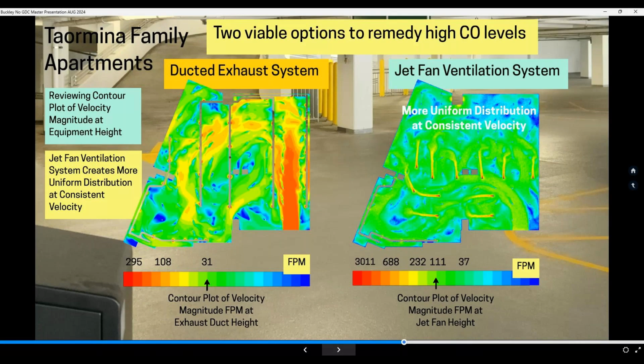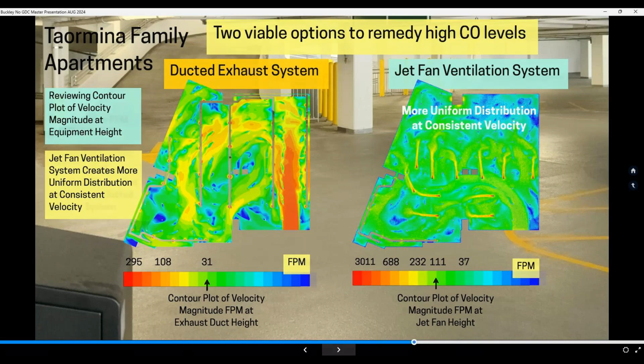Now over here, you have, again, a more uniform distribution, because we're capturing that air and distributing the flow throughout the garage where we know we need it to go. And there you have an average speed at the jet fan height of about 111 feet per minute.